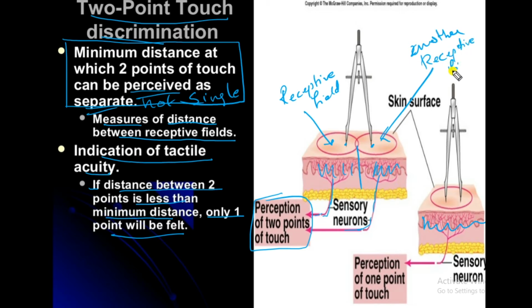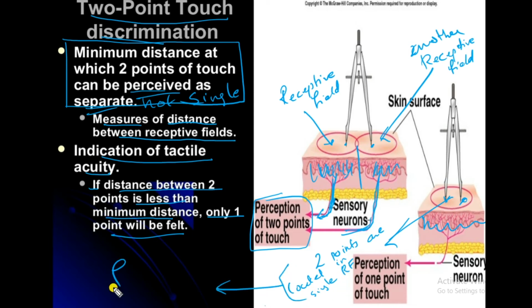This is another receptive field of another neuron. If the points are located in different receptive fields, then we are able to receive this information as two points. But if the two points are located in the same receptive field, it is felt as one point.